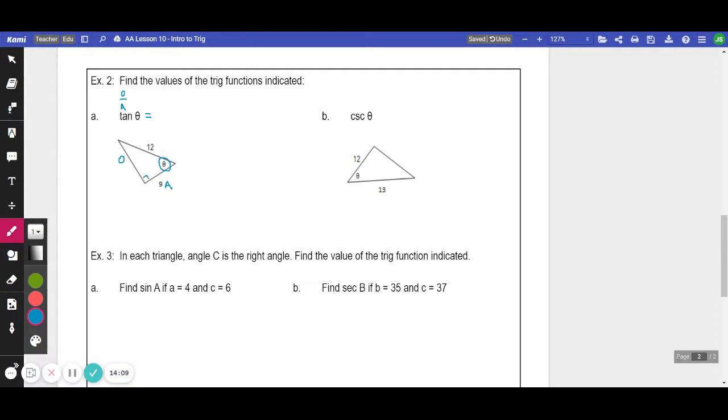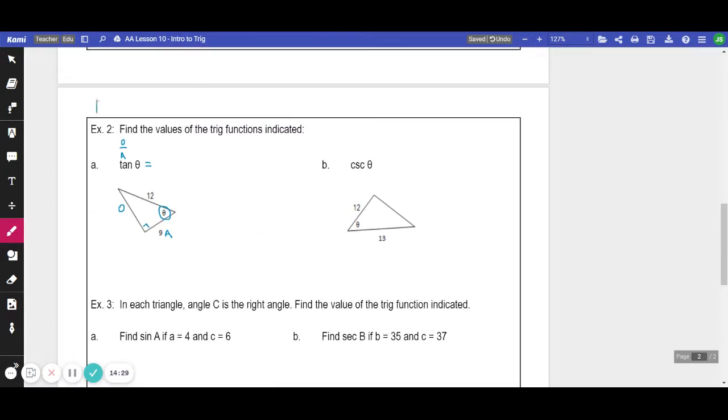I do not have this side over here. But I do have a right triangle, and I know two of the sides. So if I have a right triangle, and I have two of the sides, then I can find the third side by using Pythagorean theorem, which has probably been a while, right? Pythagorean theorem, let's put it up here.